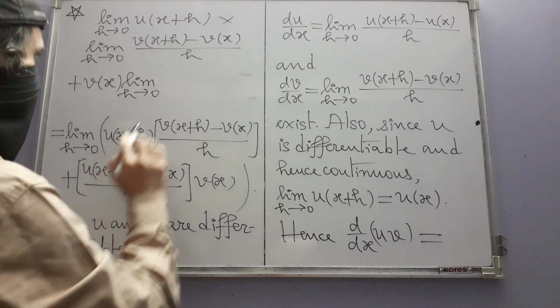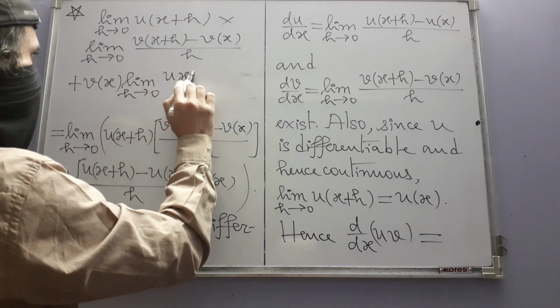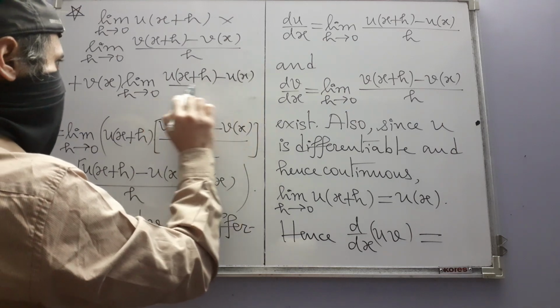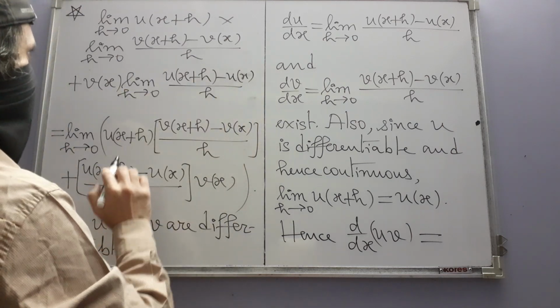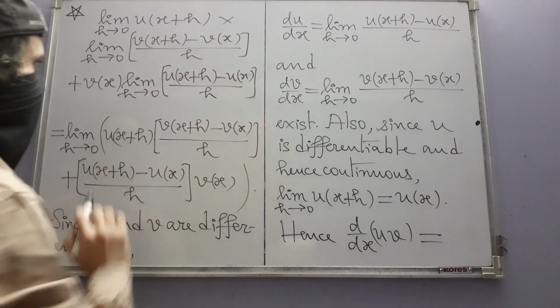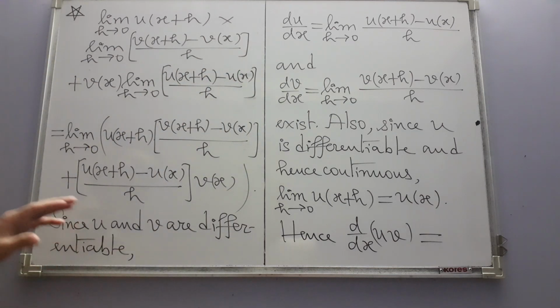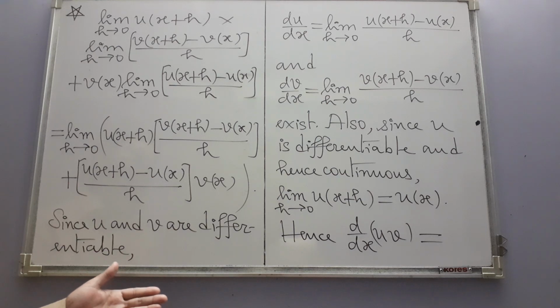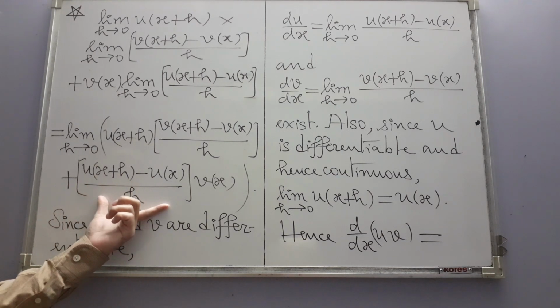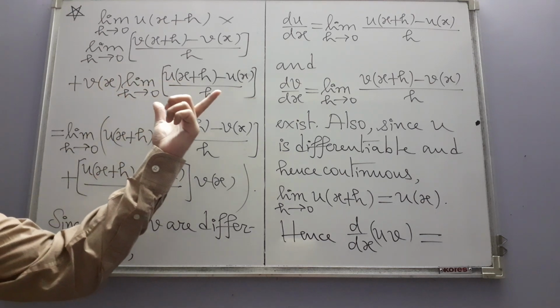And write like this: minus u of x divided by h. So, actually what we have done is that after this step, this is what we are writing.